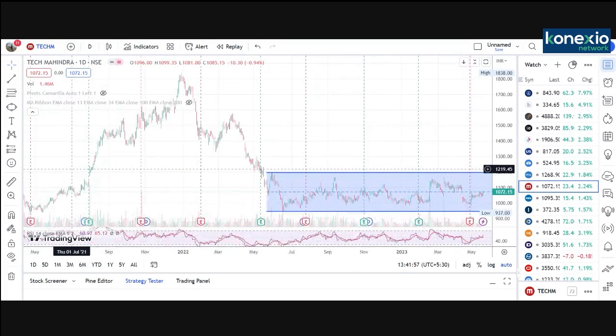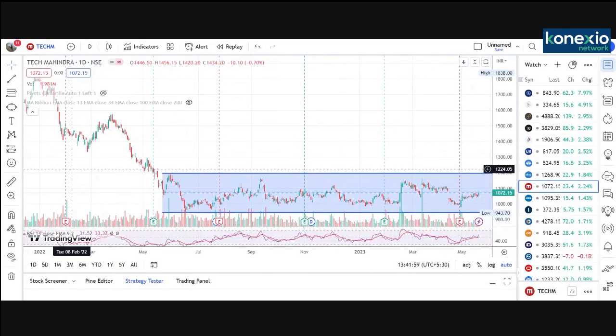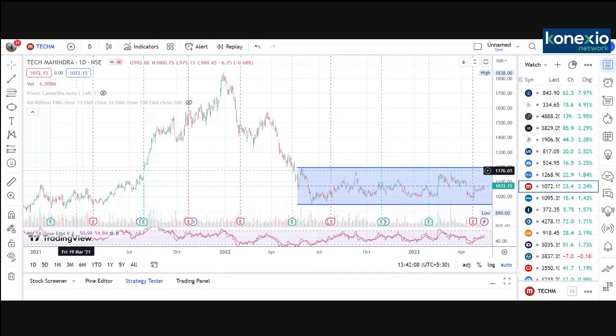Now, this kind of base is most probably a launching pad for a stock to see a huge rally for the long term. I'm not saying it for maybe a couple of months. Yes, this particular call is for 3, 4 months. For those who are thinking of accumulating or buying an IT stock for the next 4 to 5 years, this is the stock which should be there in your portfolio for at least 4 or 5 years.